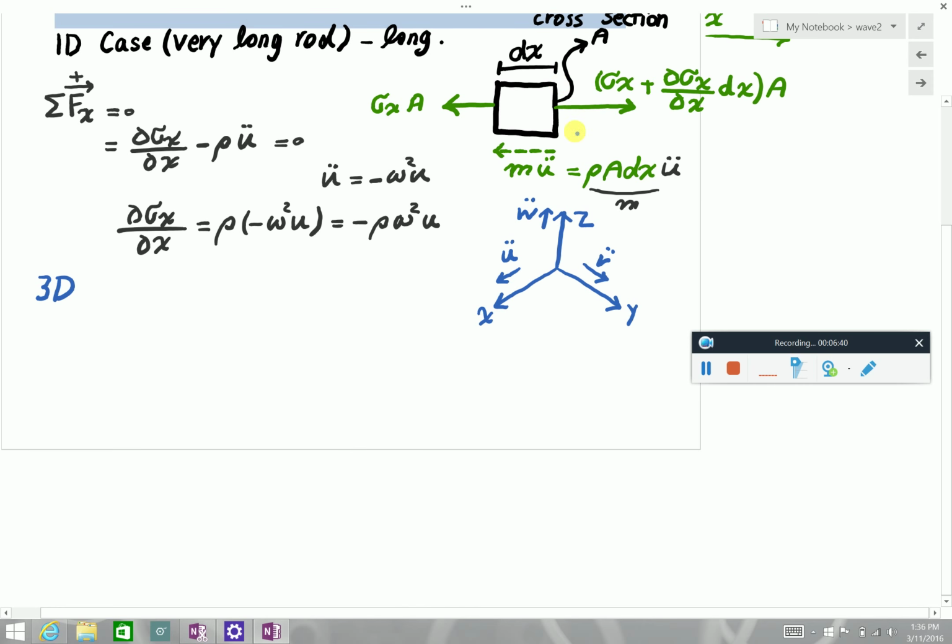So instead of having a square element, we have a cubic element.